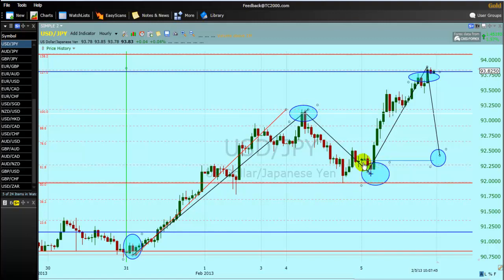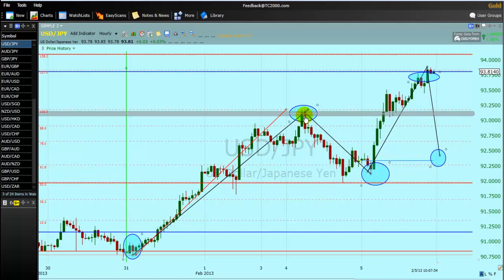If the A correction is very strong, which means divided into 5 waves, very strong down, the B will fail to exceed the starting point of the A correction.